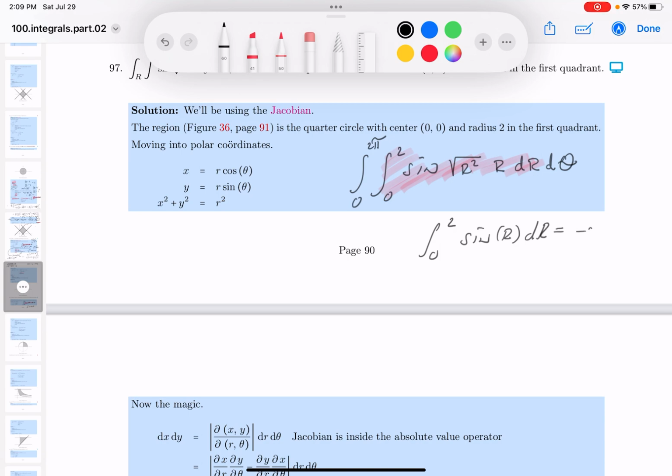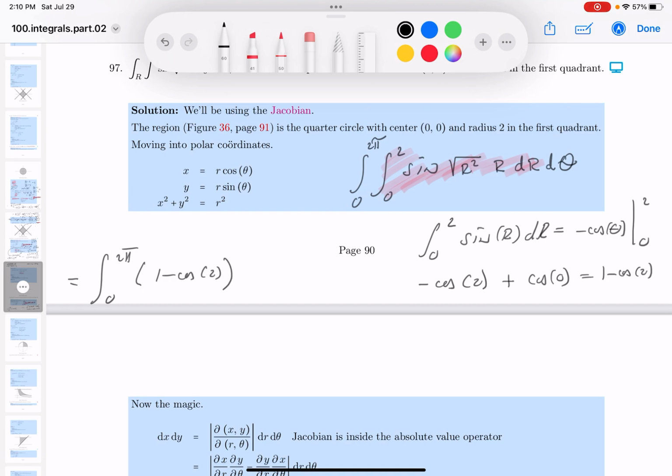Well, it's going to be minus cosine of r from 0 to 2. Let's write this down. So minus cosine of 2 plus cosine of 0. Cosine of 0 is 1, so this will be 1 minus cosine of 2. And this is a constant, 1 minus cosine of 2.